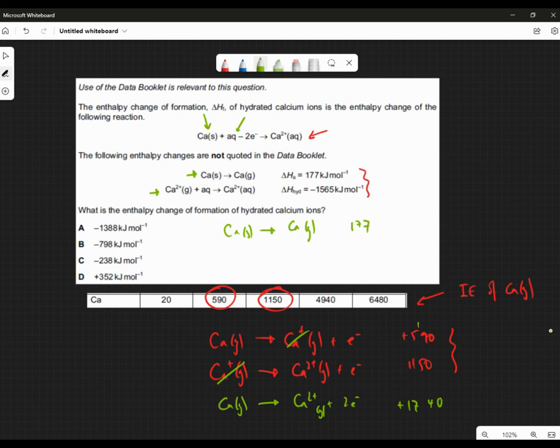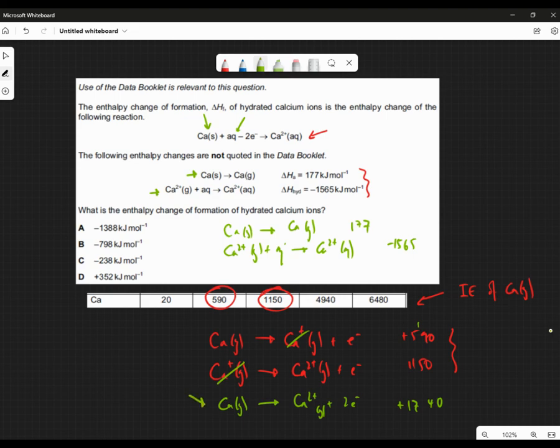So this one, I'm going to write it again. Ca2 plus gas plus aqueous gives me Ca2 plus aqueous. Okay, and that's good. Everything's good so far. And this is minus 1565.